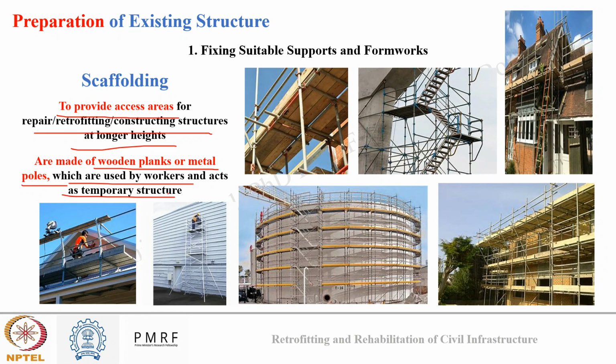Okay, so in the images at the bottom, you can see scaffolding being carried out outside a house for painting. Here you can see wooden scaffolding being applied to access difficult positions of a bridge or a house.